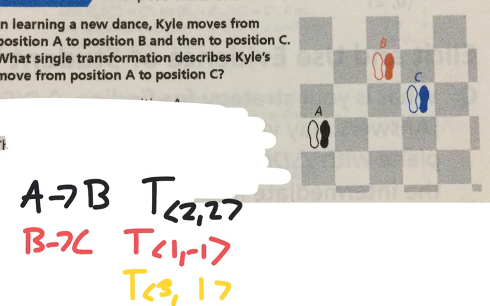So once I combine those translations, is this the same thing as if I went from A to C at the very beginning? Right 3, up 1. Okay? So moving from A to B and then B to C gives the same answer as if I would have moved directly from A to C. So this is called a composition of transformations.